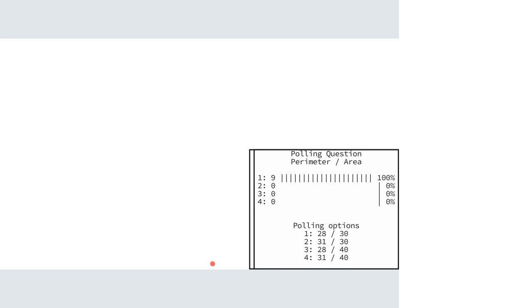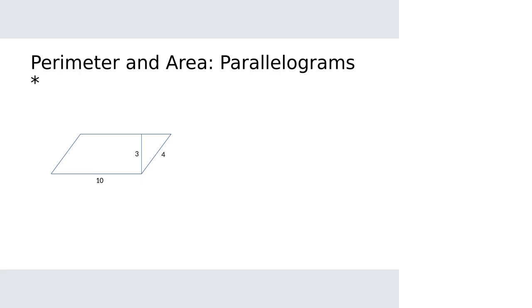Unanimous again. Outstanding. That's very good. If you're unsure of anything, please don't hesitate to ask. There's an easy mistake to make here that nobody made, which is terrific. First thing is, since this base down here is 10, then we know the top is also 10. This side on the right is 4, so this side on the left is also 4.